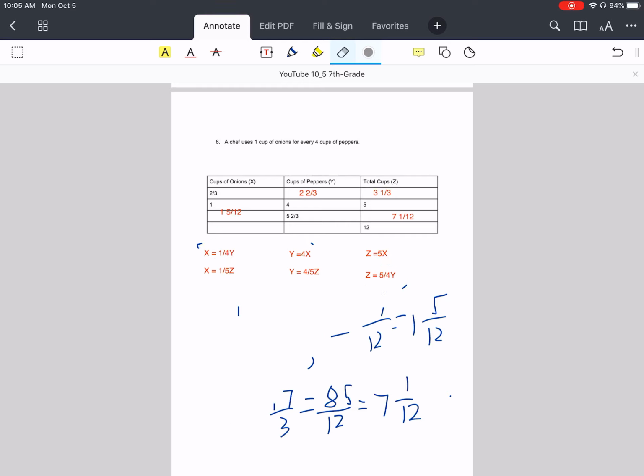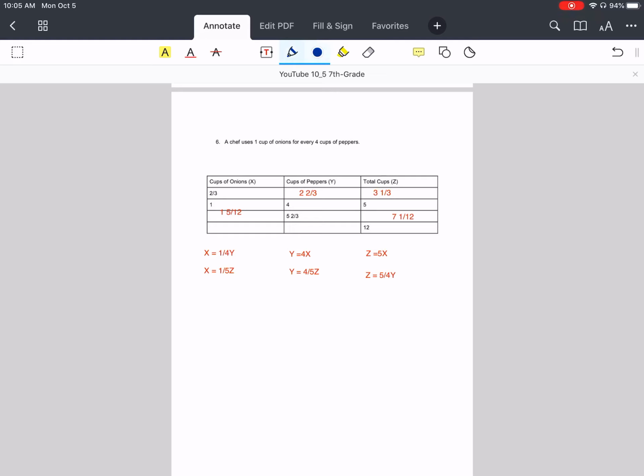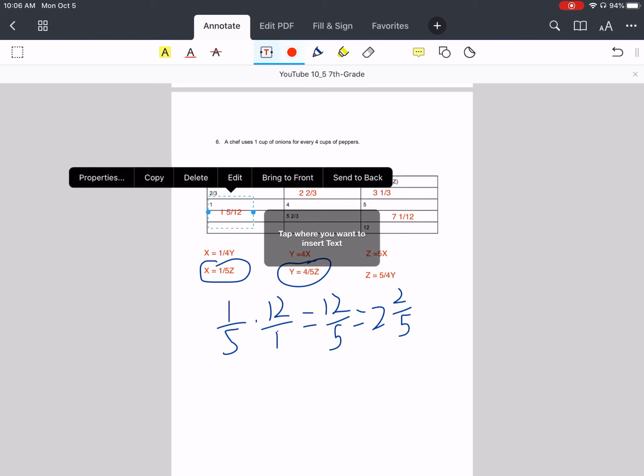we are told that z is equal to 12. So we know the z value, and we are trying to find the x and the y. So we can say that x is 1/5 of z, y is 4/5 of z. So we're going to say x is 1/5 of 12, which equals 12/5, which equals 2 2/5, which is great, nice and easy.